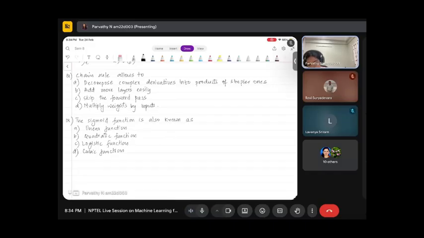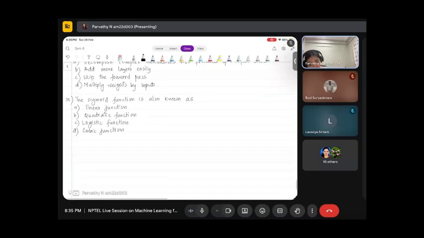So the sigmoid function is known as linear function, quadratic function, logistic function, cubic function. It's logistic function.